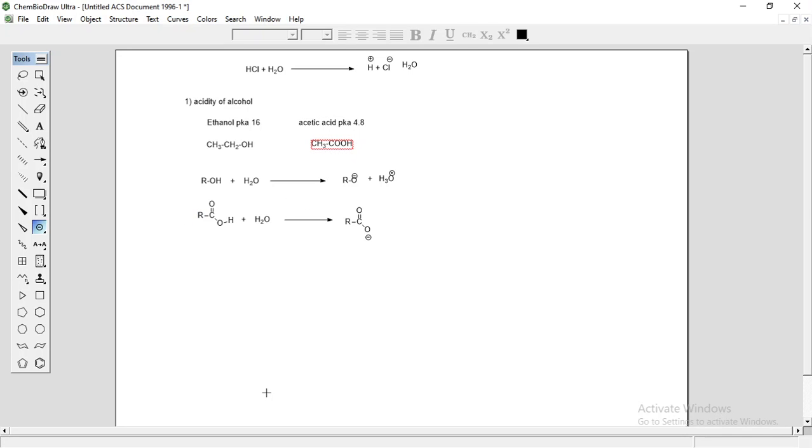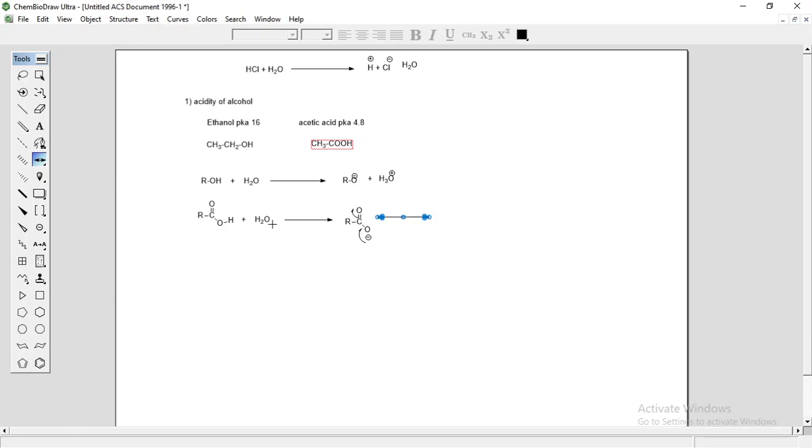Now this negative charge is stabilized by the carbonyl carbon. This carbonyl group is an electron withdrawing group, so the negative charge is stabilized by resonance due to the carbonyl carbon. The negative charge delocalizes here, forms a carbon-oxygen double bond, this bond breaks and the negative charge shifts onto the other oxygen.